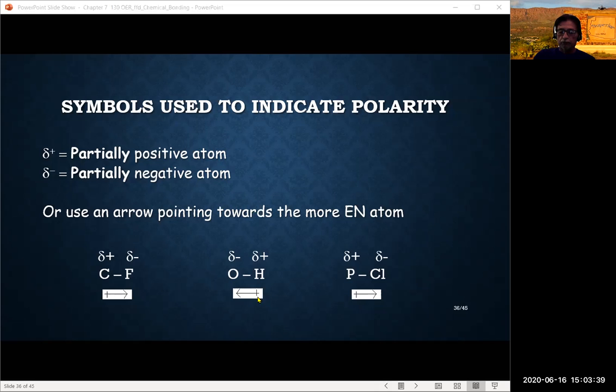So our dipole goes from hydrogen to oxygen. And then phosphorus and chloride, by looking up its position in the periodic table, we find that the chloride is much closer to the fluoride. Therefore, it is a lot more electronegative, and the arrow goes from left to right in this case, okay?